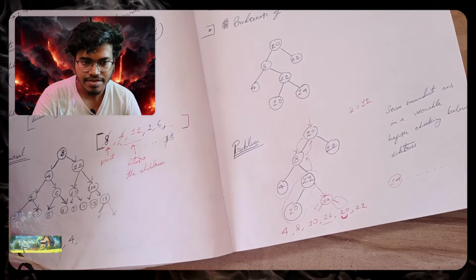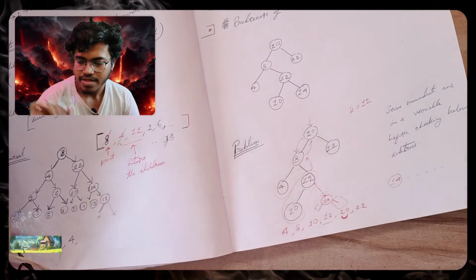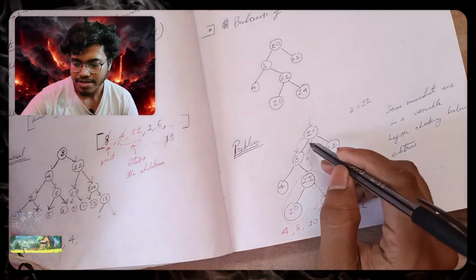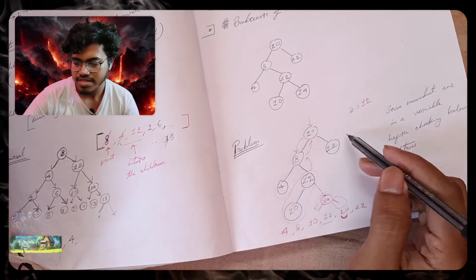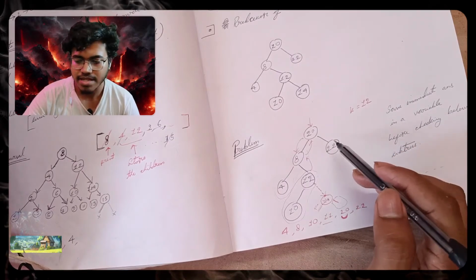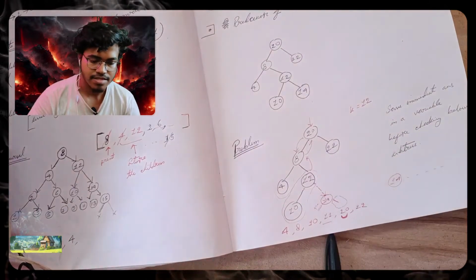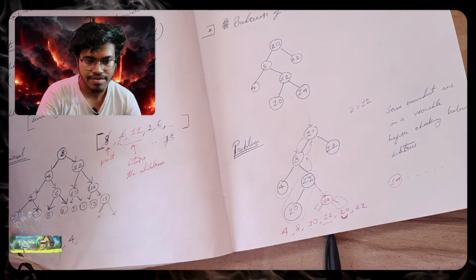Then successor will be equal to node dot data. Okay, and anything right of it is of no use to us because it will be greater than the current successor. So we have to go towards left. So then node will be equal to node dot left.